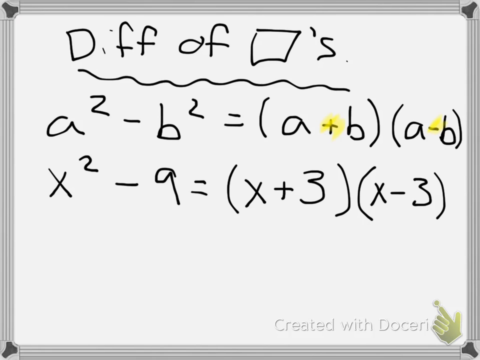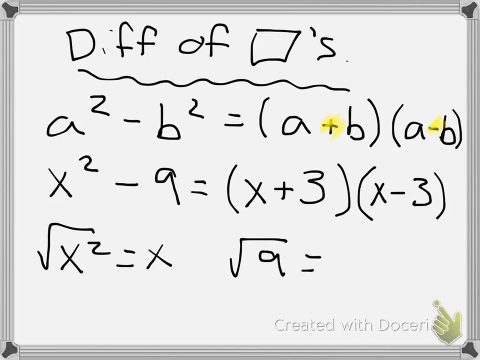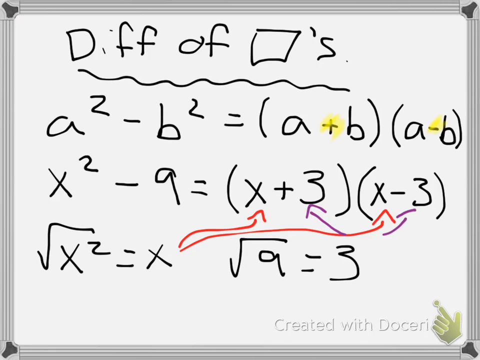Because when I look at this, I say, okay, the square root of x squared is x, square root of 9 is 3. Okay, so the x goes there and there, and the 3 goes there and there. Okay? Nice and straightforward.